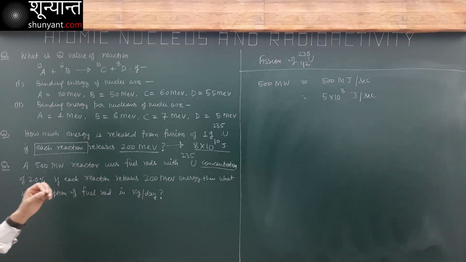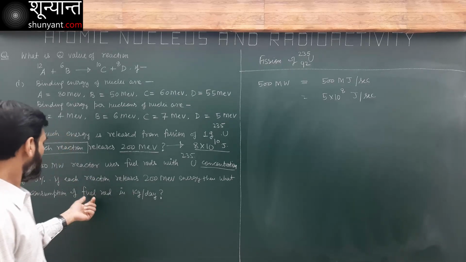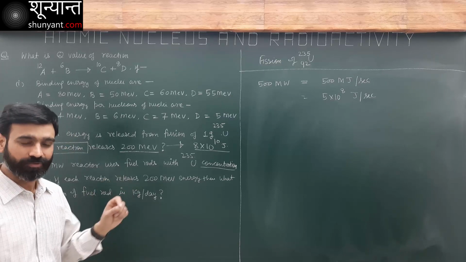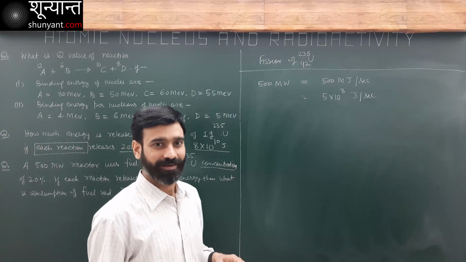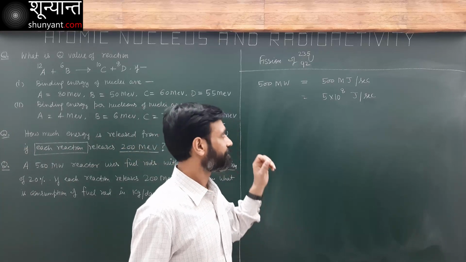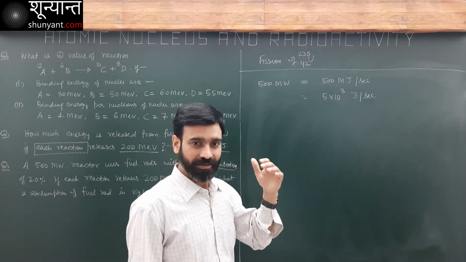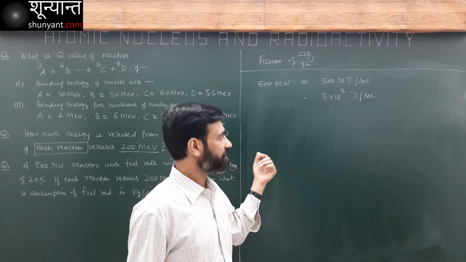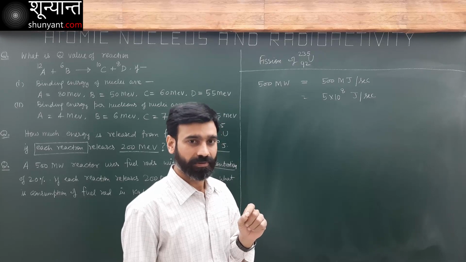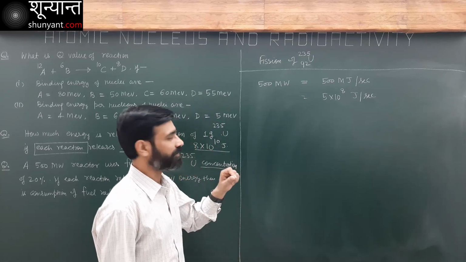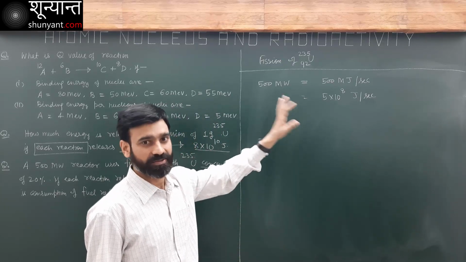The question is, how much fuel rod is going to be used per day, in kilograms? Let's try to figure out. First, find how much uranium is required to produce this much energy.